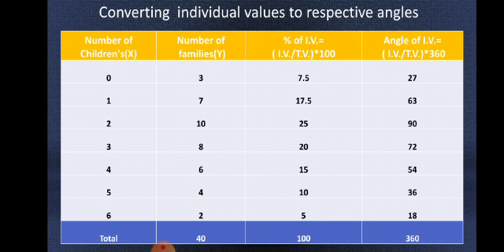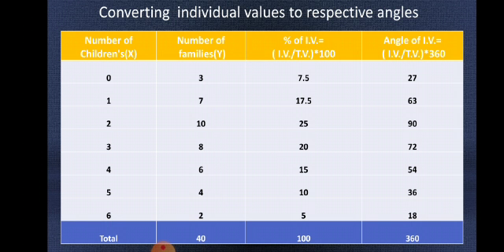Because we have to represent this data in the form of a circle, and the area of the circle is represented as 360 degrees in total. So we have to convert each individual value into respective angles. The total value 40 is converted into 100, and 100 is converted into a 360-degree angle.